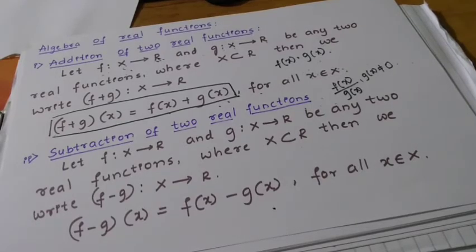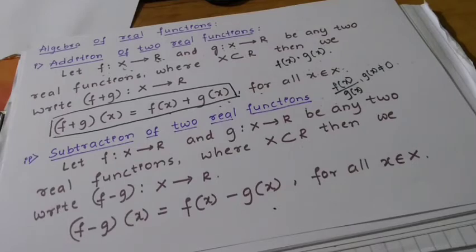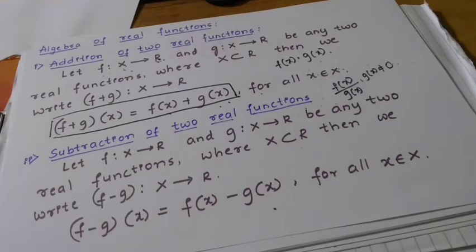Subtraction is f of x minus g of x. Multiplication is f of x into g of x. If it is division, f of x divided by g of x. So this is about the algebra of all the real valued functions.